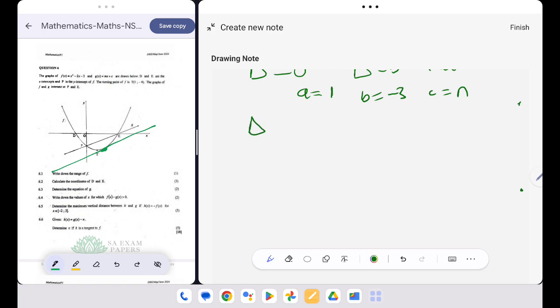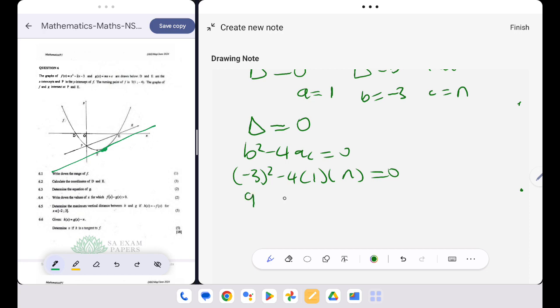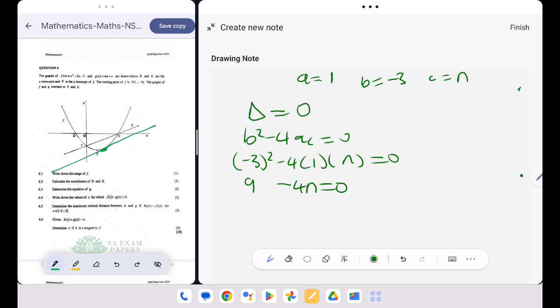So delta, which is equal to 0, is the same as doing this, and I know this is negative 3 squared minus 4ac. This will give me 9. This will give me negative 4n is equal to 0. So 9 is equal to 4n.